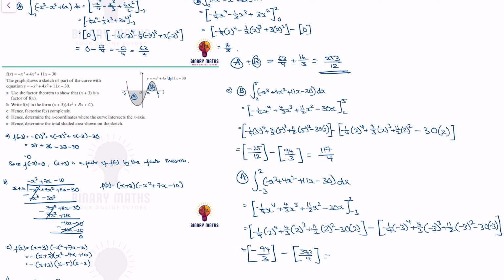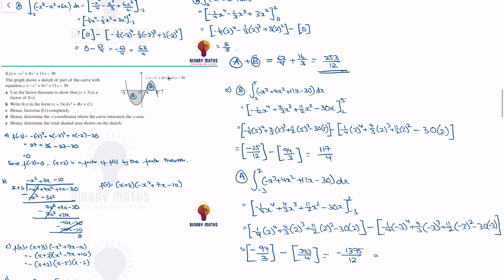And we put this into our calculator, we get negative 1375 over 12, which makes sense because A is below the x-axis, so turn it to a positive number, which is 1375 over 12. So A plus B is equal to 117 over 4 plus 1375 over 12, which gives us 863 over 6.